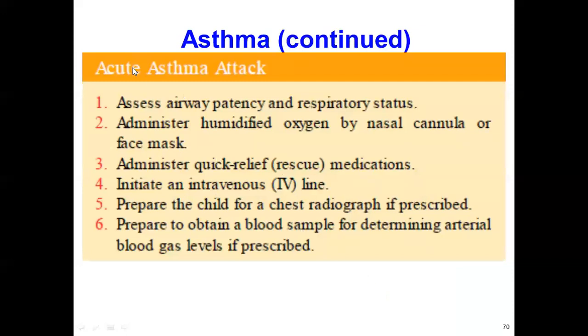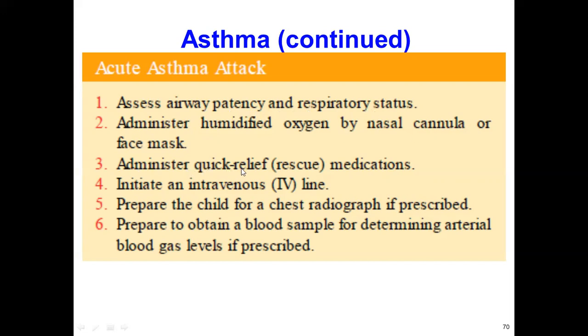If your patient has an acute asthma attack, what could we do? Assess the airway patency and respiratory status. Administer humidified oxygen by nasal cannula or face mask.